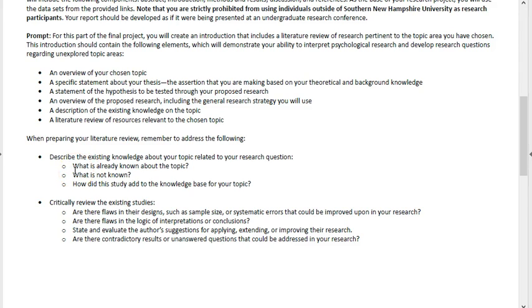What is not known? What is not known should be your research gap leading to your research question. How will your proposed study add knowledge to what is missing? So in other words, it will probably address that gap and contribute knowledge related to that specific gap that you identify.